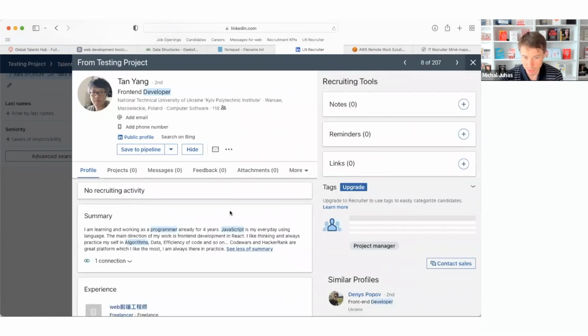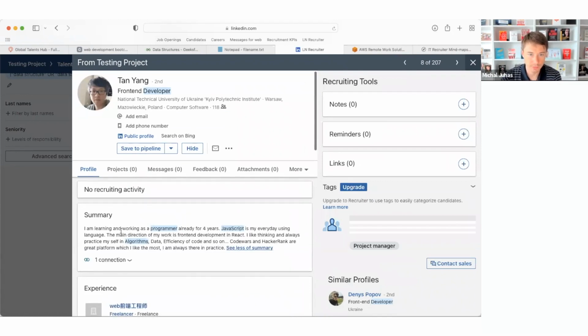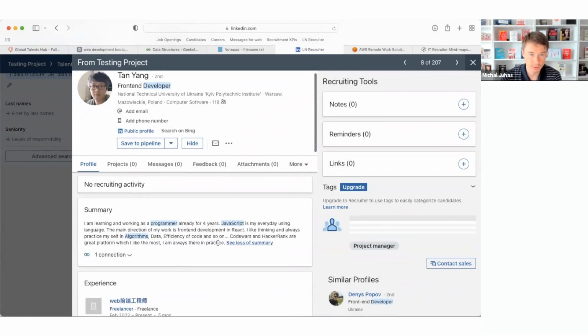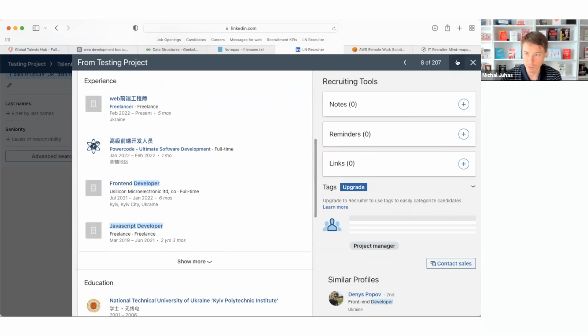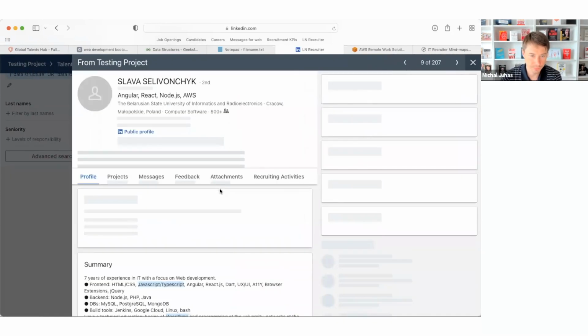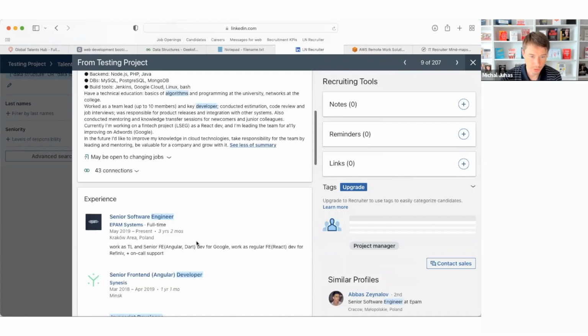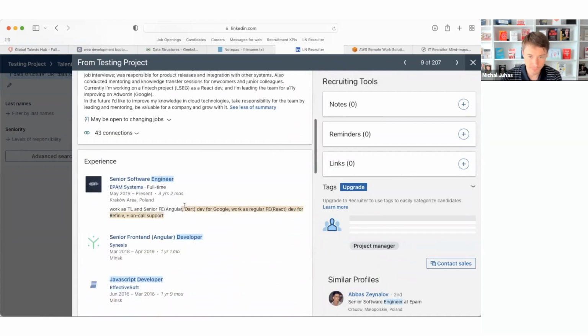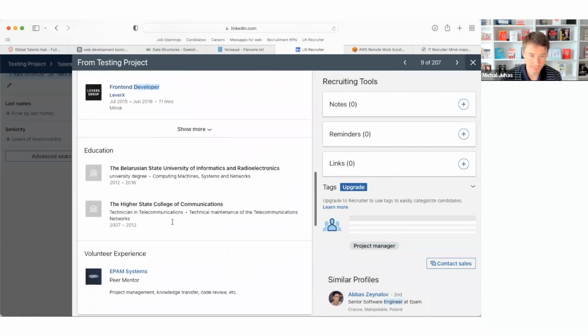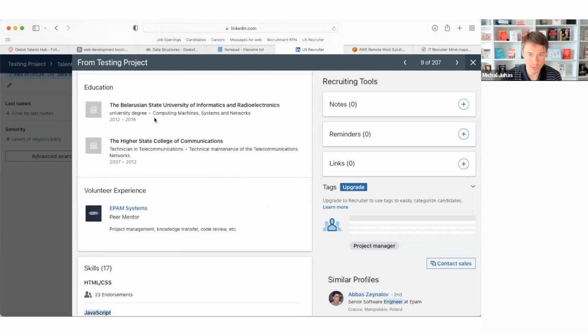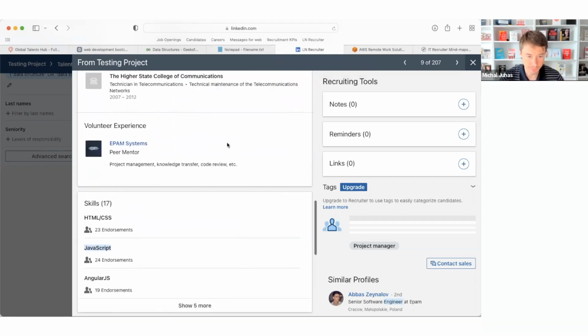If someone just started half a year ago, front-end developer Tan Young, 5 months ago in Ukraine, not really. 3 years senior software, worked as a team lead, could be slightly overqualified, but University of Informatics, that could also be a good keyword. People don't have to study computer science, they may study informatics or software engineering.